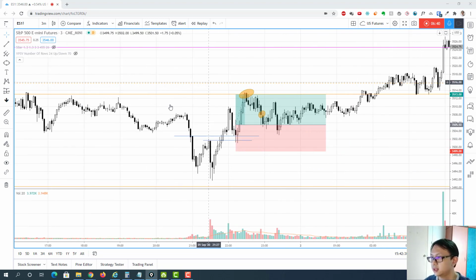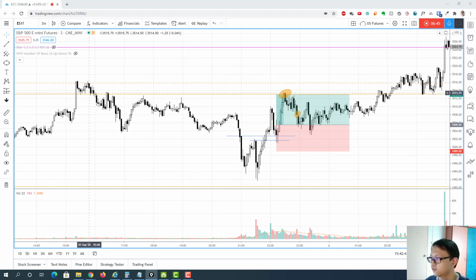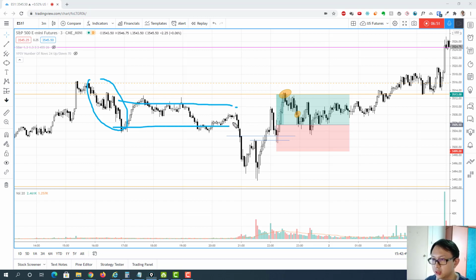Okay, so you can see that just prior to the US opening, we have a slight reaction here, followed by consolidation and a relatively sharp sell-off about half an hour before the US market opens. And this is the opening bar in the 3 minutes time frame.